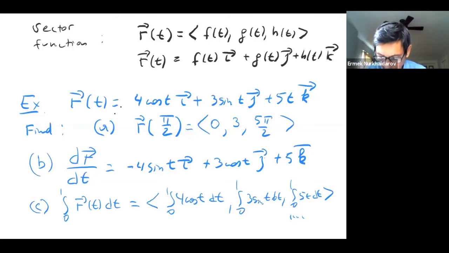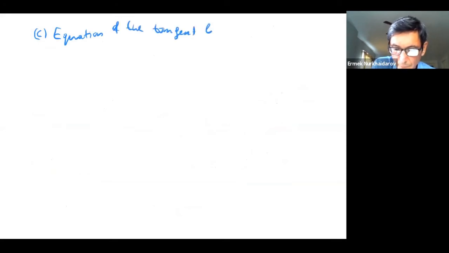But one application of derivatives, you remember, is the tangent line. So let's do the tangent line. Creation of a tangent line to that curve at t equals pi over 2.